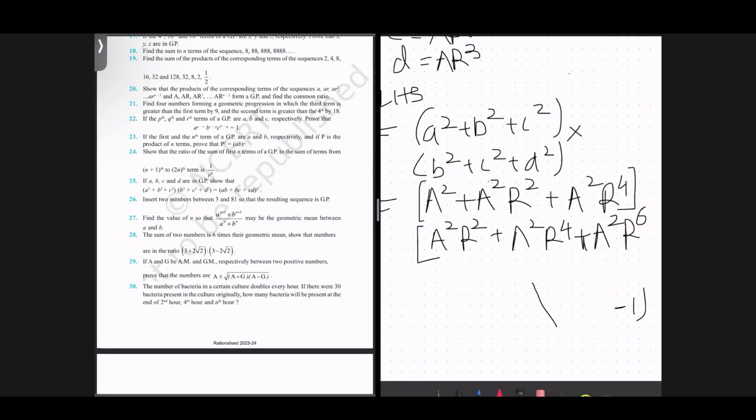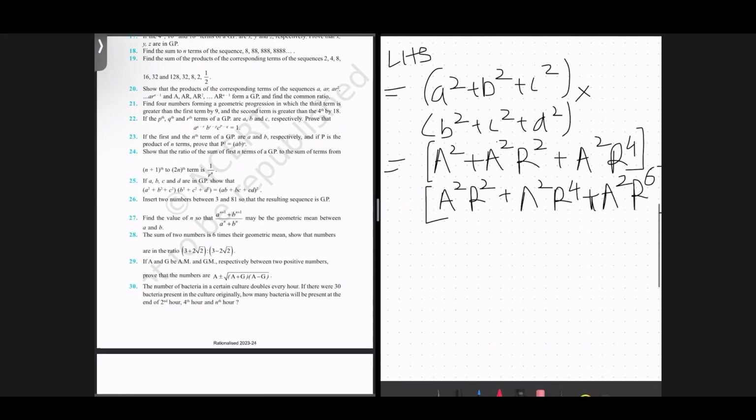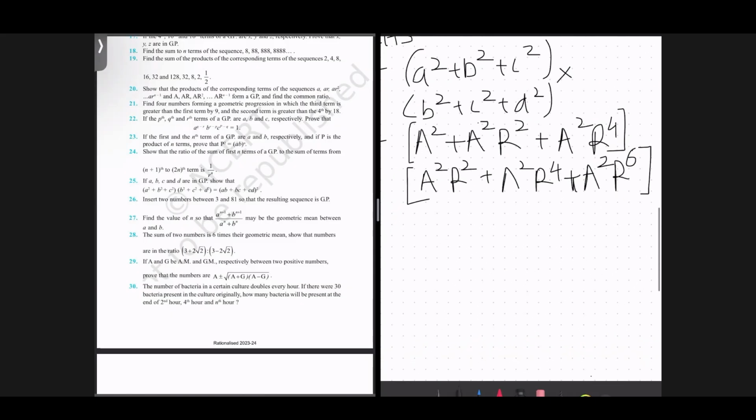Doing this, you can take out certain terms common from each of these, and let's see what you get. You can take out A square common from the first bracket. When you do that, you get A square, and here you get 1 plus R square plus R raised to the power 4. From the second term, you can take out A square R square common.